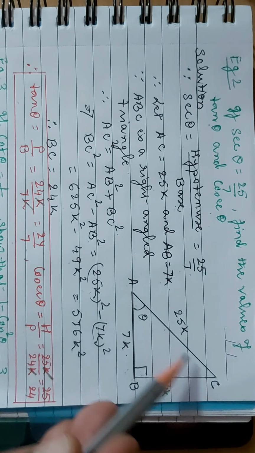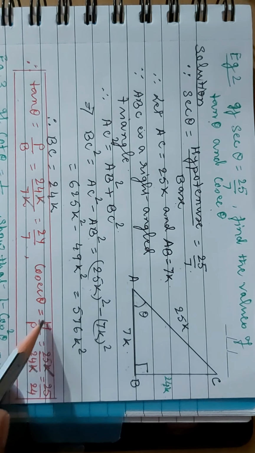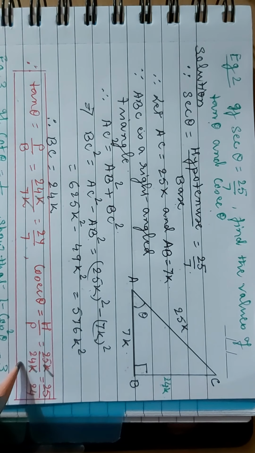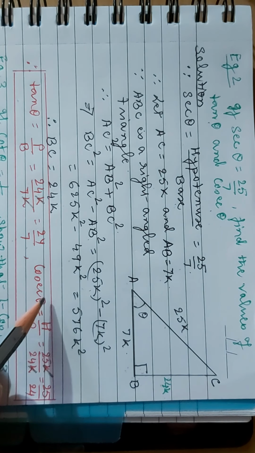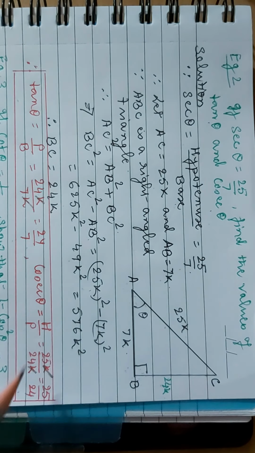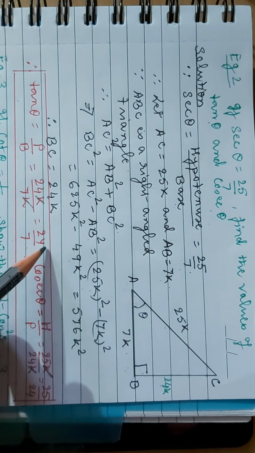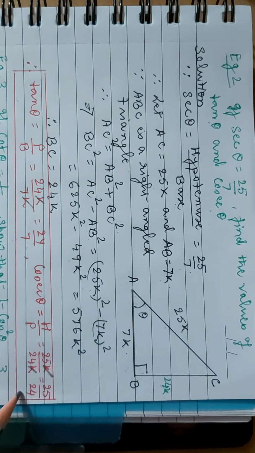So hypotenuse is 25k and the perpendicular is 24k. So 25k by 24k, k cancels, so cosec theta is 25 by 24. So the value of tan theta is 24 by 7 and cosec theta is 25 by 24.